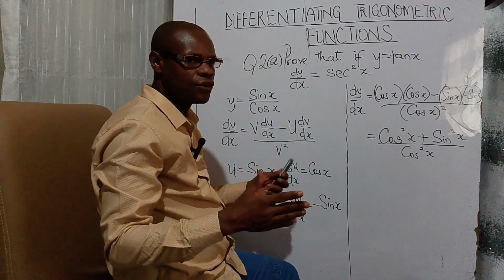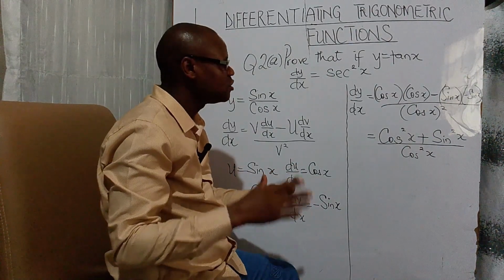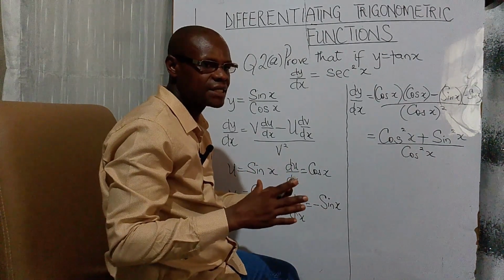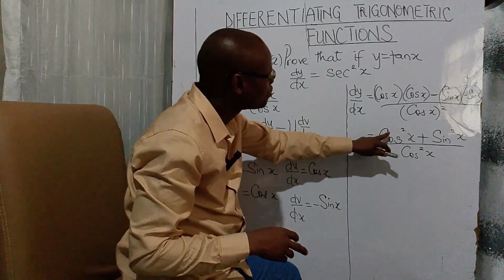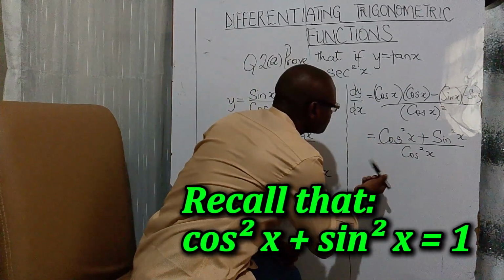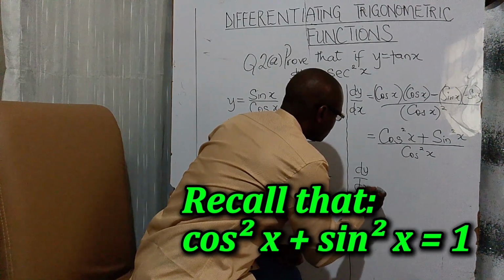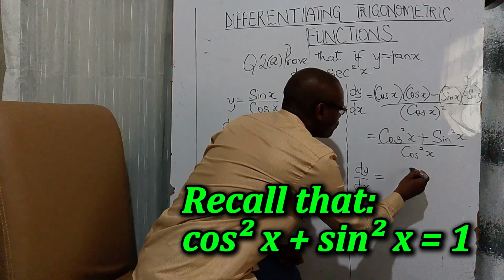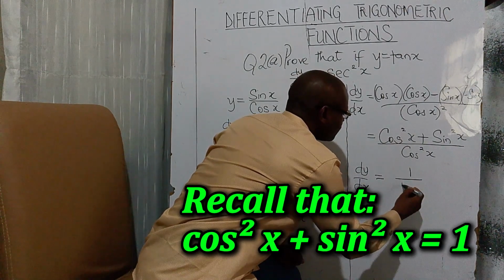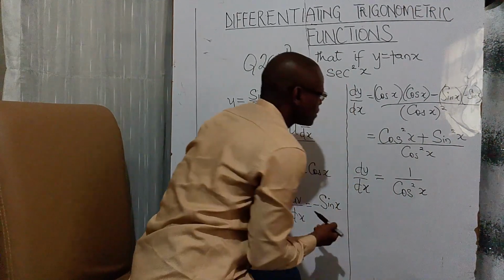Then from our trigonometric identities, and that is why we always need to have that handy, cos square x plus sine square x will give us 1. So therefore, dy dx will now become 1 divided by cos square x.